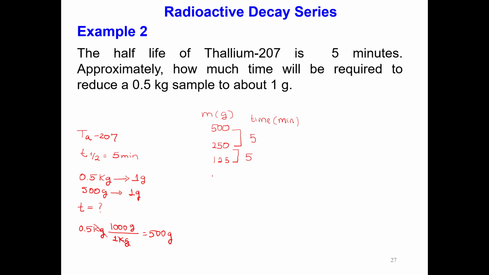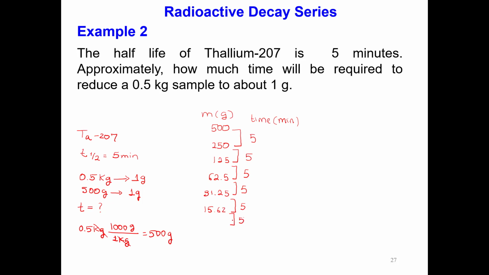And now if we divide by 2, there will be about 62.5. If we divide this number by 2, we will get 31. Another 5 minutes, we will get 15.62.